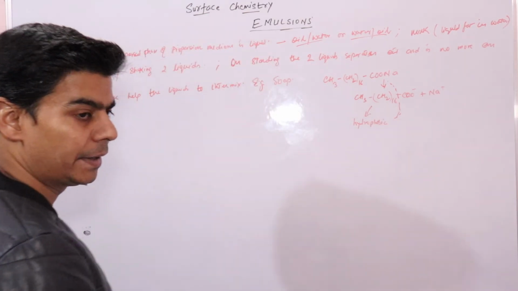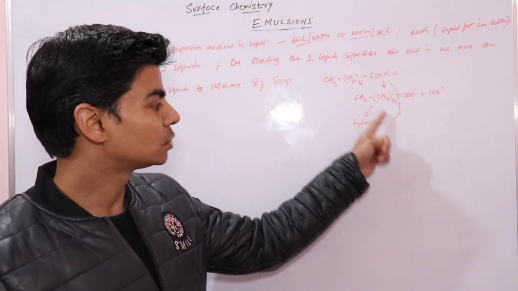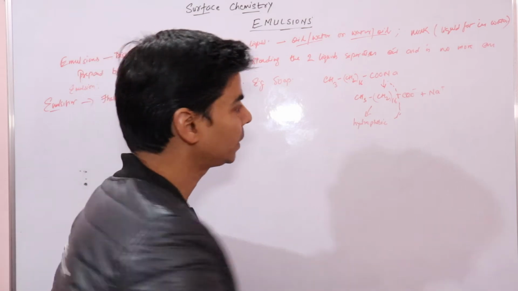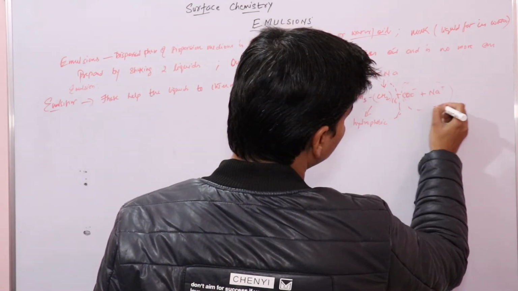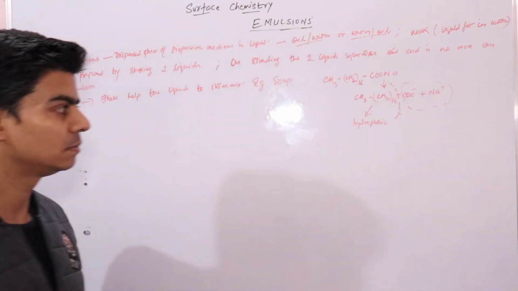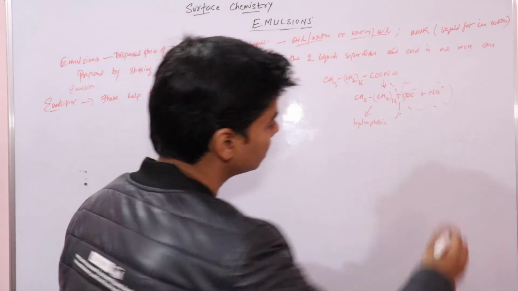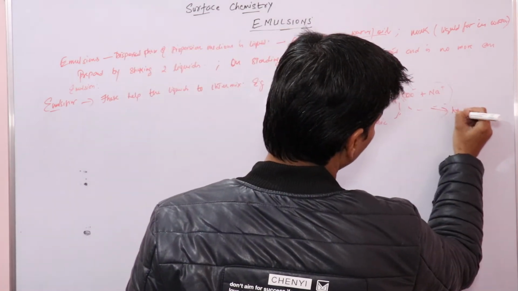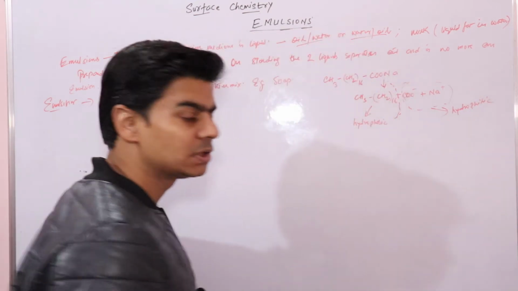Hydrophobic means water hating. So this is insoluble in water, but soluble in oil. And this part, COONa, which has positive and negative charges, we call hydrophilic. Hydrophilic means water loving.